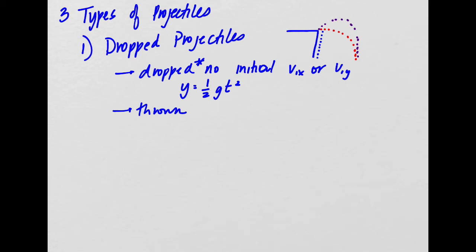And then if we have a thrown object, that means we are throwing it down. We're not just dropping it from a roof. We're throwing it with a force down. So this does have VIY, but still no VIX. Still no horizontal initial velocity because it's just going straight down.